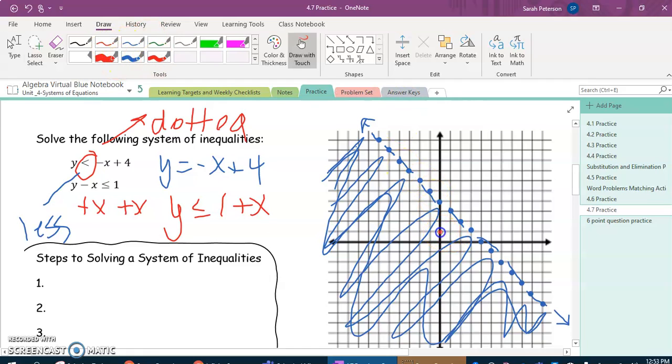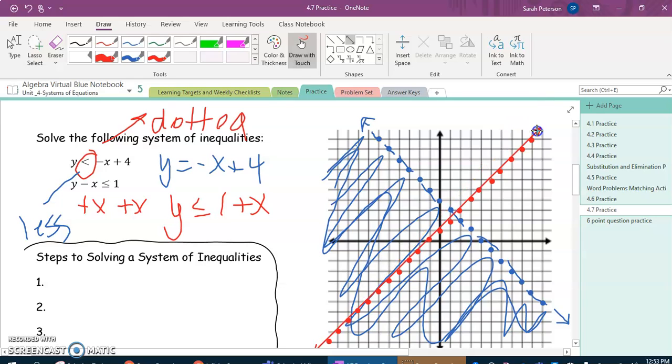The y-intercept is 1, and I'll be going up 1 here. Since this line has equal to, it's going to be a solid line. So let me keep plotting those points, and then I will use a solid line to connect my dots.